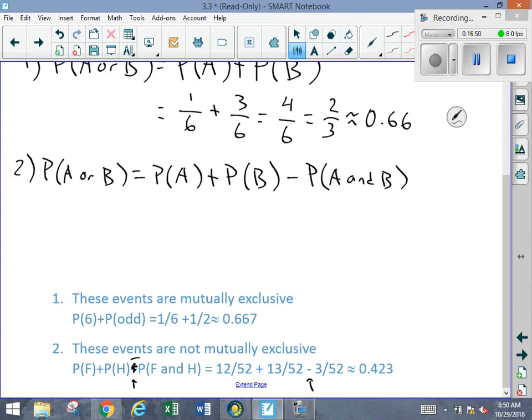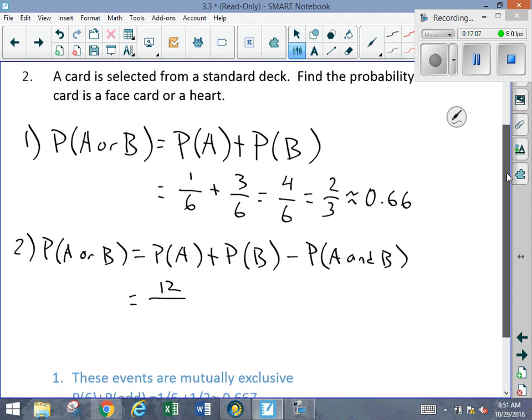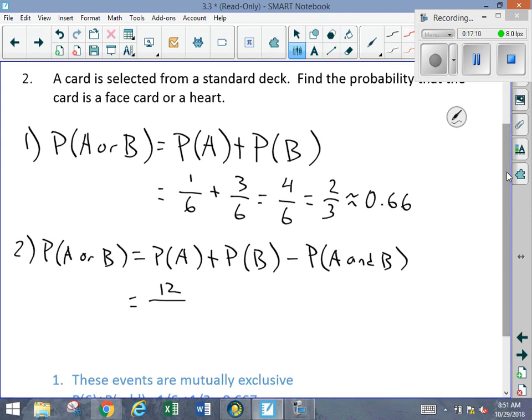So let's talk about this. There are 12 things in the deck that are face cards, and we're going to add that to the number of things that are hearts.